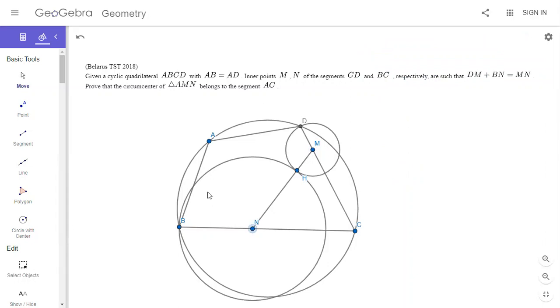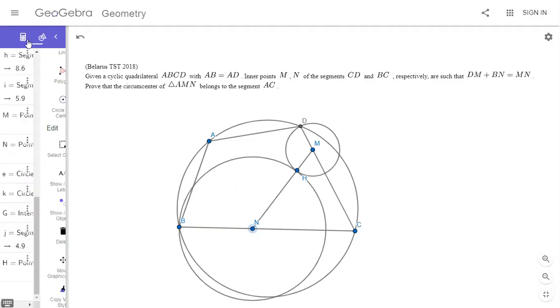Prove that the circumcenter of AMN belongs to the segment AC. Let's see. Oh, that looks true.